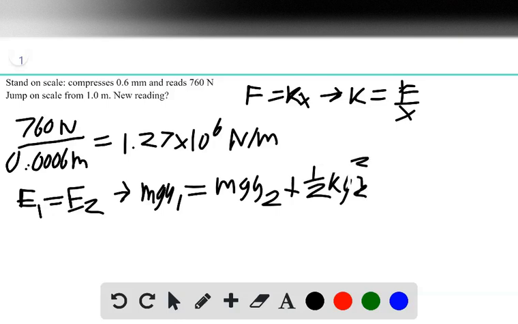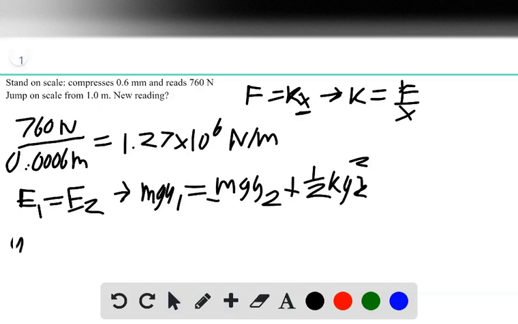Looking at this equation, you should recognize that we have mg and k, which we just found up here. Force equals mg, mass times acceleration. So we can rearrange this equation and say that mg over k would be equal to x. We subtract this term over to the other side and divide both of these terms by 1/2 k.